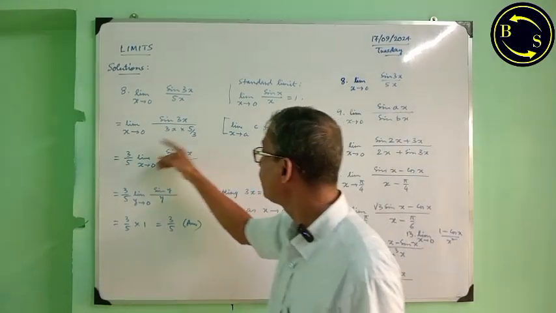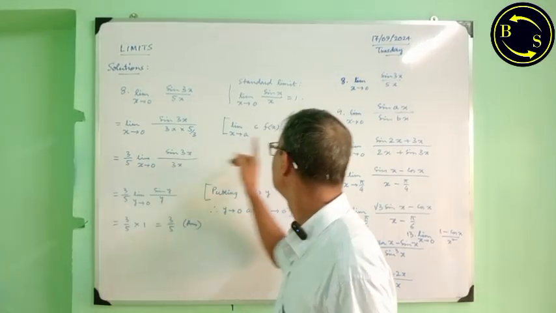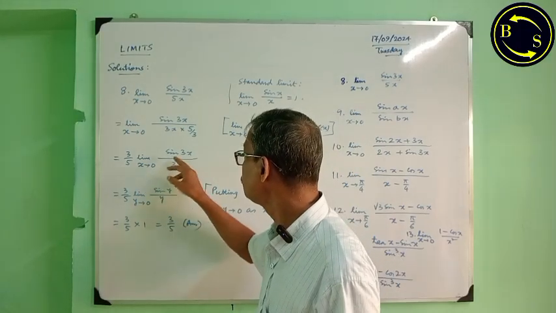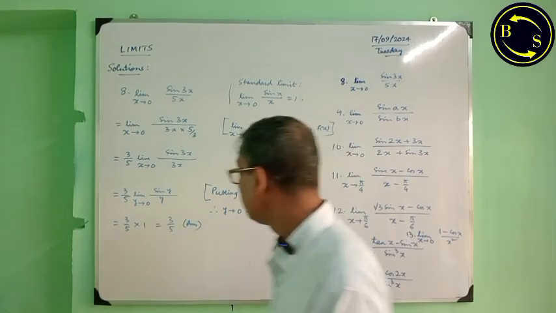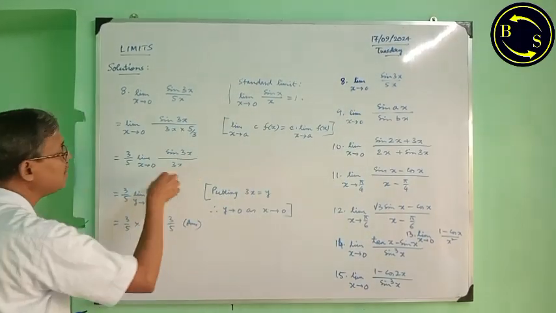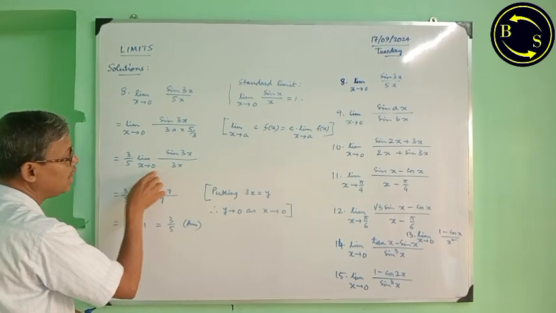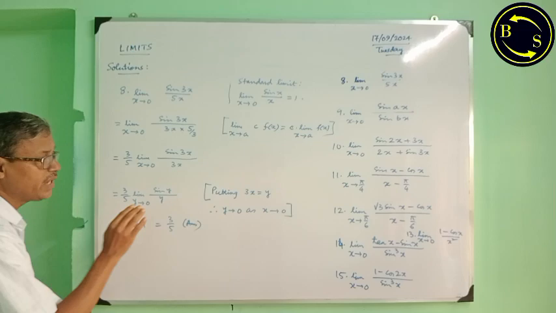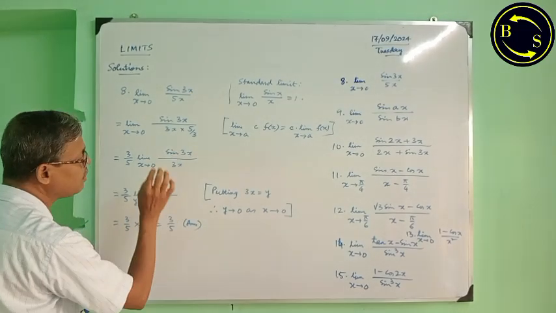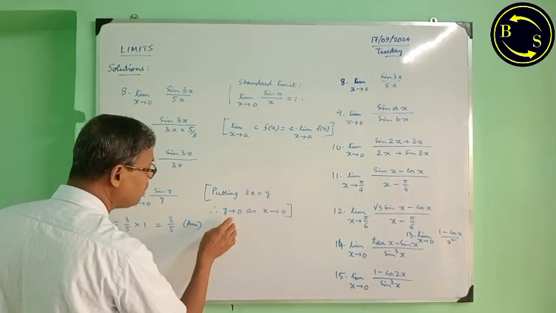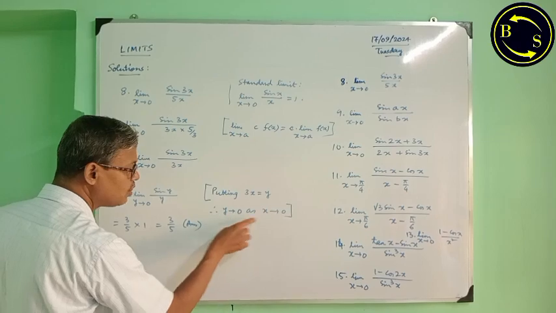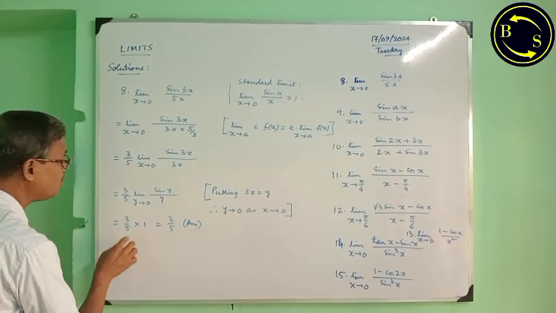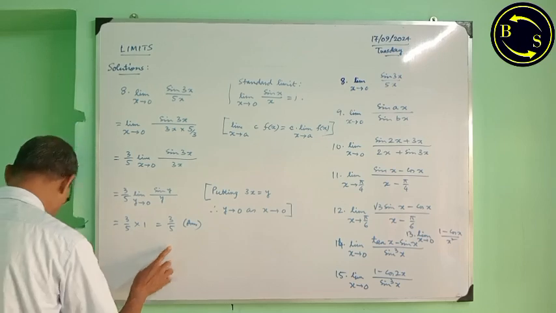For that, 3 by 5 will be outside, c into limit of the function x tends to 0, sine 3x by 3x. Now here we see x tends to 0 and the angle is 3x. Here we have to change the variable. I have taken 3x as y, hence y tends to 0 as x tends to 0. Use that one and get the final result 3 by 5.